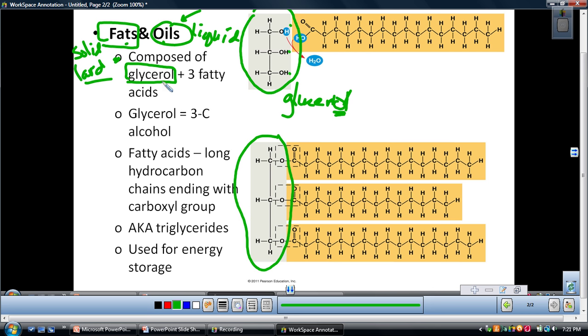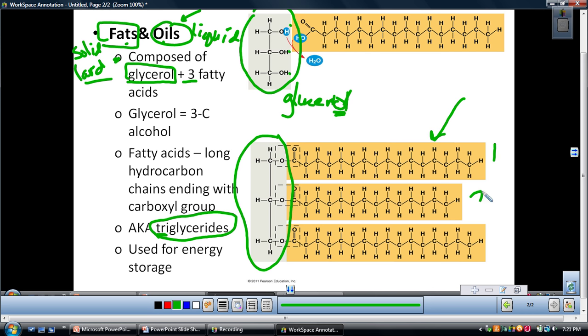So fats and oils have that piece, and then they're going to have 1, 2, or 3 fatty acids attached to them. Now if it's called a triglyceride, like this word down here, the tri refers to 3. There are 3 fatty acid tails, such as this bottom example. This is a triglyceride because this long chain right here is a fatty acid tail. Here's a second fatty acid tail.